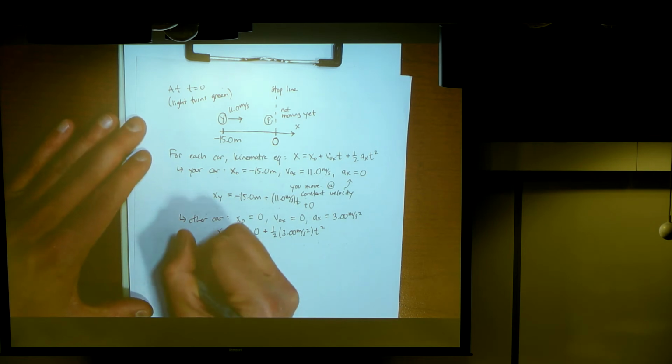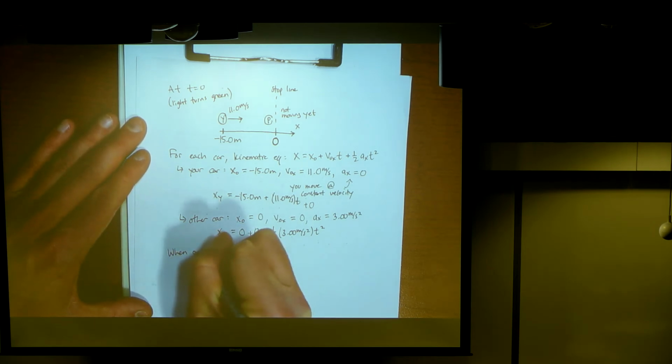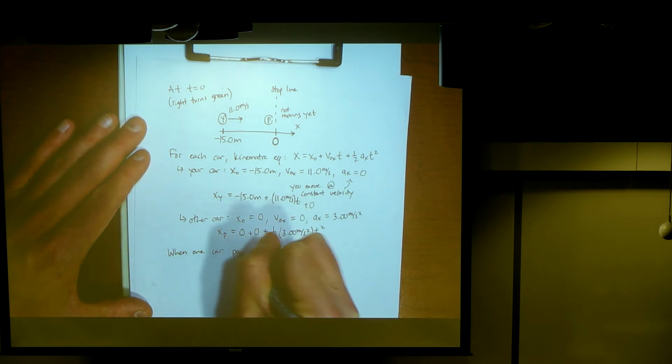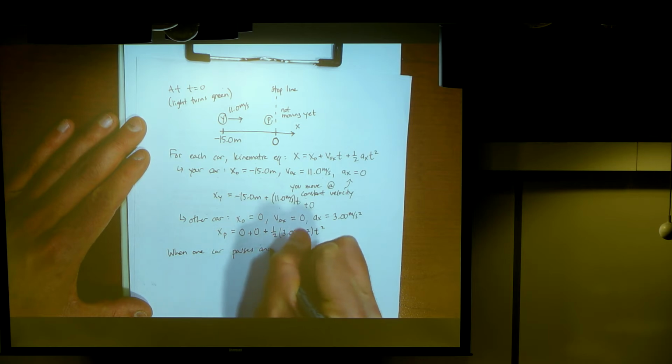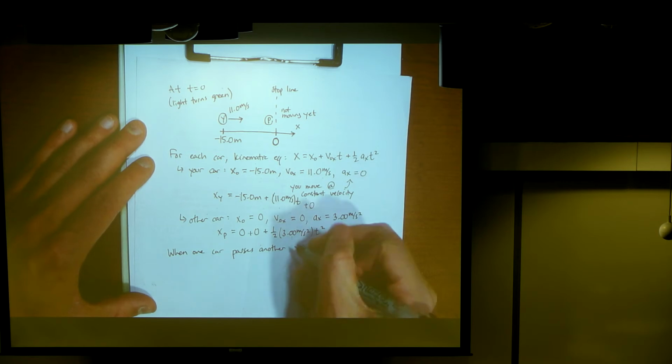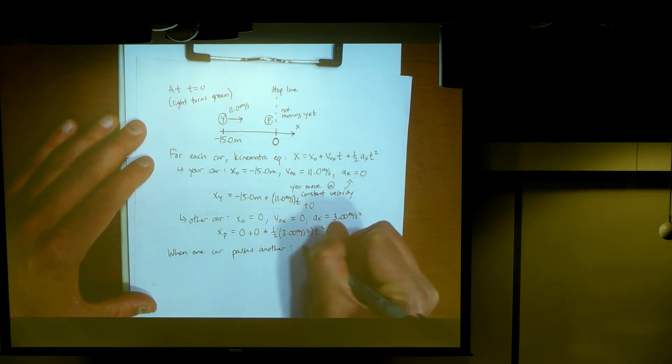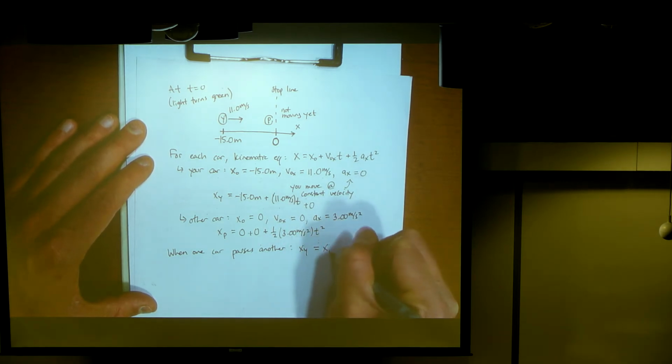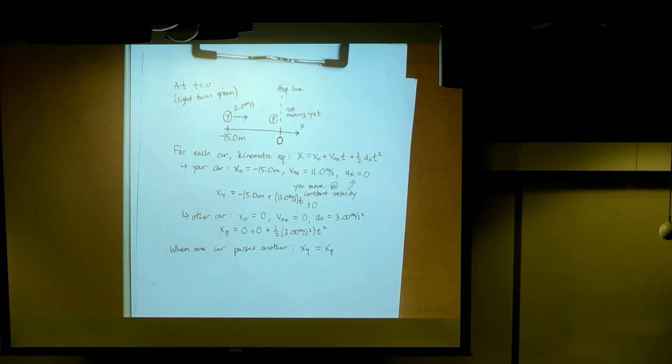So what does it mean when one car passes another? Because we want to solve for the time when that happens. We have the following. We have x_y equaling x_p. Right? We have the same distance from the stoplight, basically. Okay?